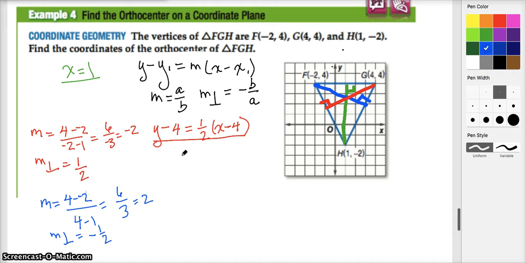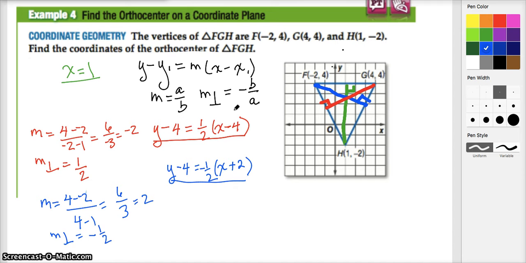So it's negative 1/2. And so now that equation: y minus the y term, 4, is equal to the slope, negative 1/2, times x minus the x term. When I subtract a negative 2, it really is adding that 2. So this is the equation I have for the blue line.